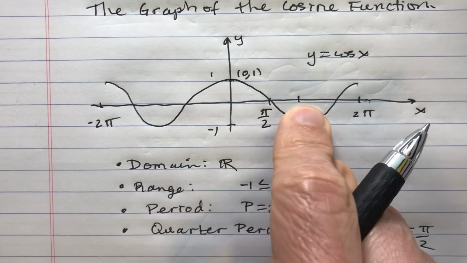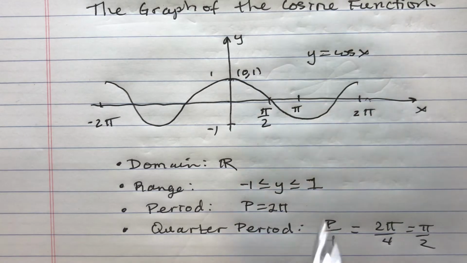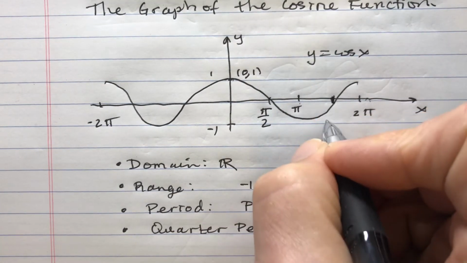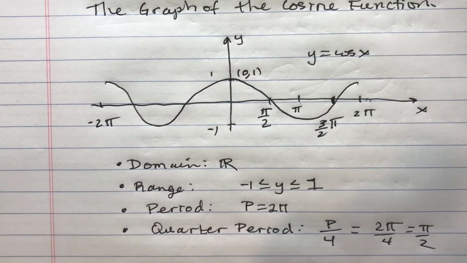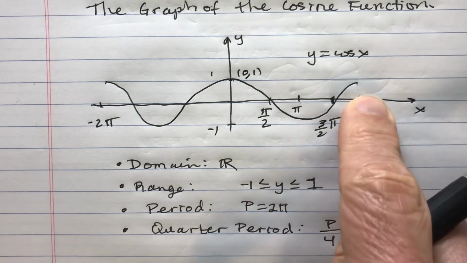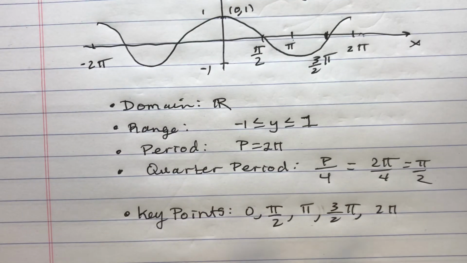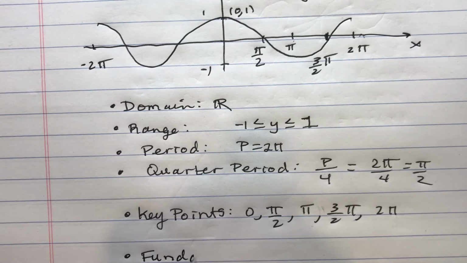Now I add another pi over 2 to get 2/2 pi, which is pi, and that gives the minimum. Then I'll add another quarter period of pi over 2 and get 3/2 pi, and that gives another x-intercept. Then 2 pi gives me a maximum again, and then we start over again. So I'll write down called the fundamental cycle.